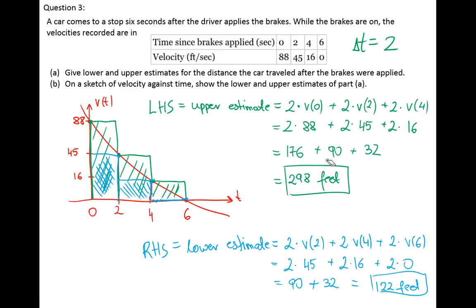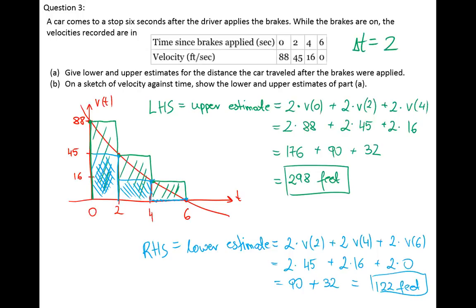We can see it's a huge difference, 298 and 122, because we can see how big they are. And the data are not really detailed, we have only 3 rectangles. If I had data like every, I don't know, let's say milliseconds, then I would have many more rectangles and the approximation would be good.